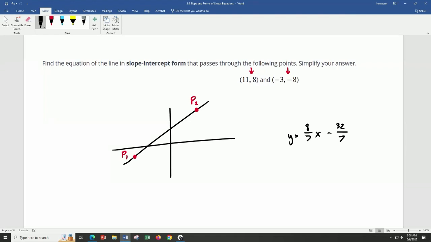Why is it that whenever I find the slope, if I decide to use (11, 8), I get this answer, or if I decide to use (-3, -8), I still get the same equation? Shouldn't I get a different one? I'm using different numbers. Shouldn't I get a different answer?